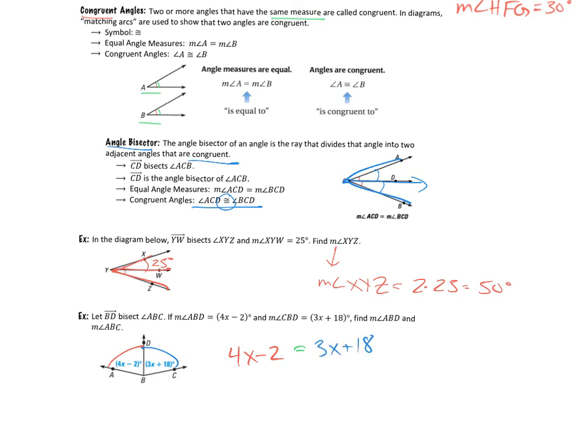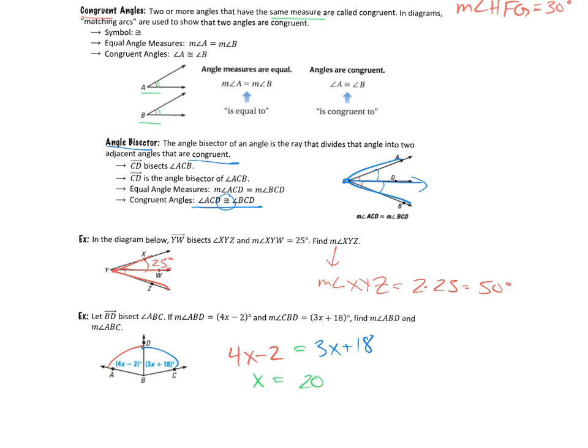So first, in order to find the measure of angle ABD and the measure of angle ABC, we must find what x is. So we're going to subtract 3x from both sides, and so on the left, we're left with just x. We're going to add 2 to both sides, so we are left with x equals 20. So now we're going to plug this in.